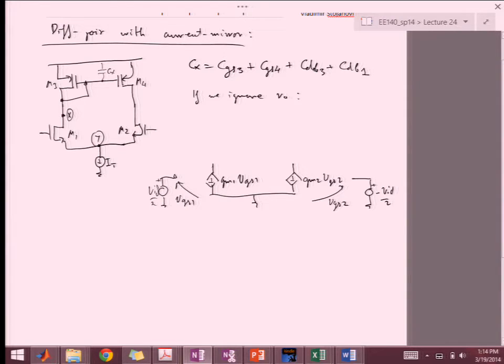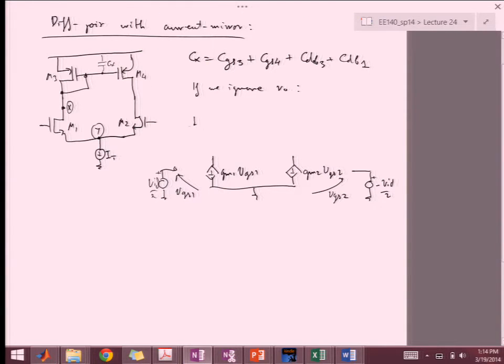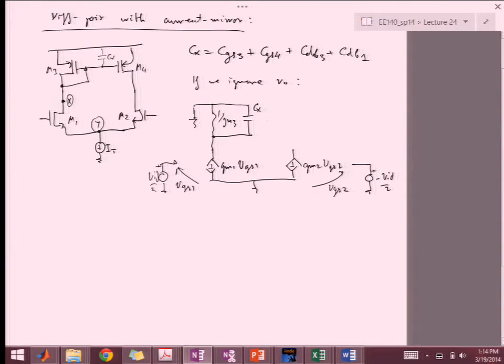And then what I have at the top, now in this case, instead of just having 1 over GM3 that we had previously, I also have this CX. So we're just going to lump it together with that. And then we're developing a voltage here.